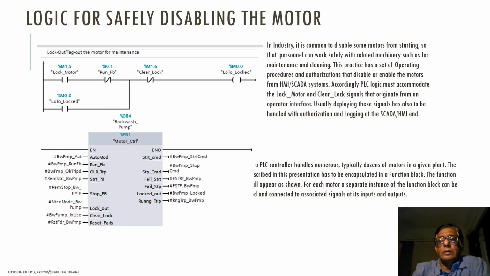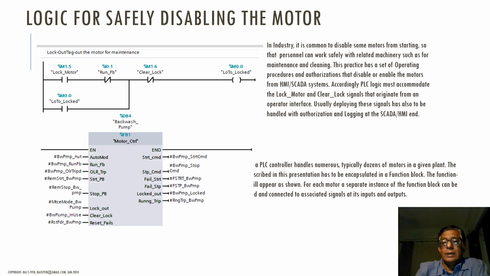This is formally done from SCADA. I mean, you have to lock a particular motor feeder by means of a password, and it will also be logged. So such and such person locked out a certain motor at such and such time, and this was cleared at such and such time. You know, so this is done for the purpose of safe maintenance.